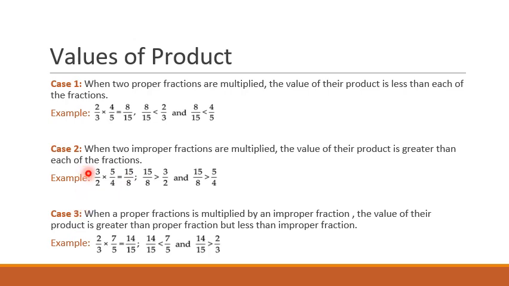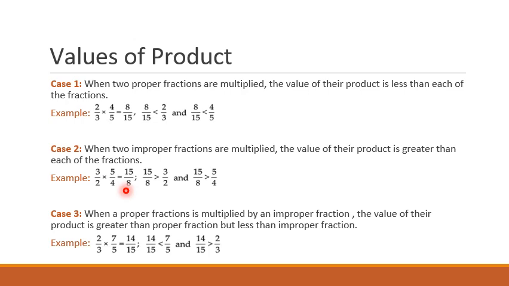So here 3 by 2 multiplied by 5 by 4. So multiply numerator to numerator, I will get 3 into 5, 15. Multiply denominator to denominator, 2 fours are 8. So here you can see all these fractions are improper fractions. So when you multiply two improper fractions, the product is also an improper fraction.